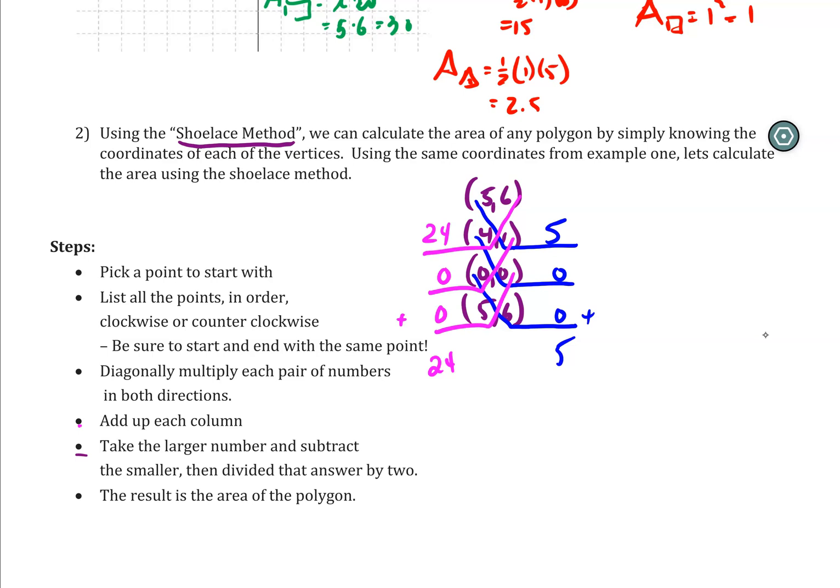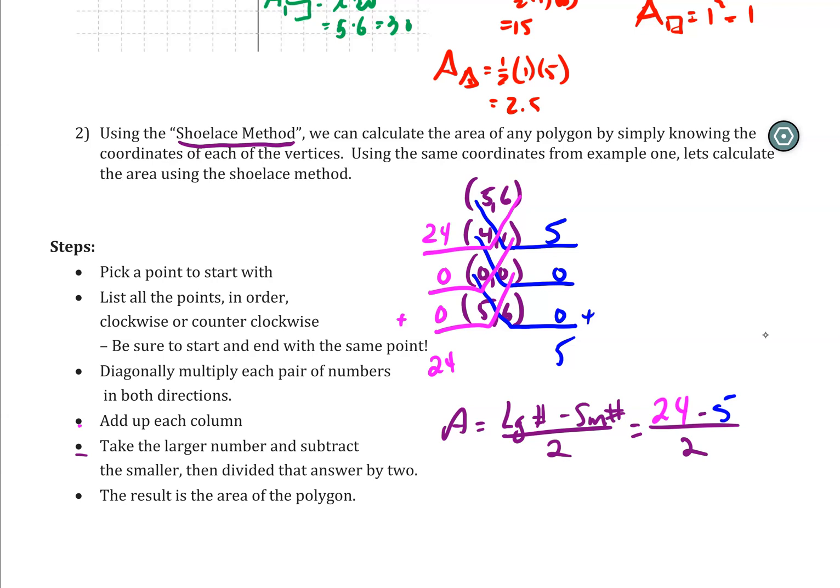You're going to take the larger number and subtract the smaller number, then divide by 2. So the area is going to equal the larger number minus the smaller number divided by 2. So I can now say the larger number is 24 minus the smaller number, which is 5, and divide by 2.